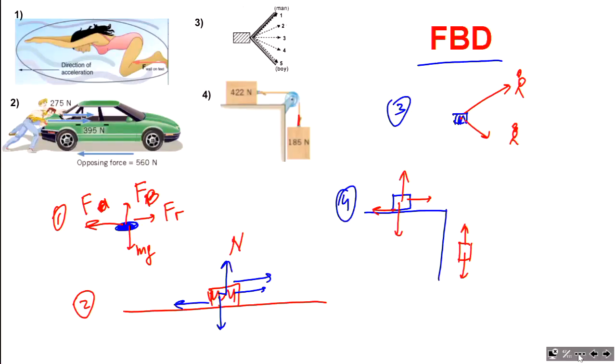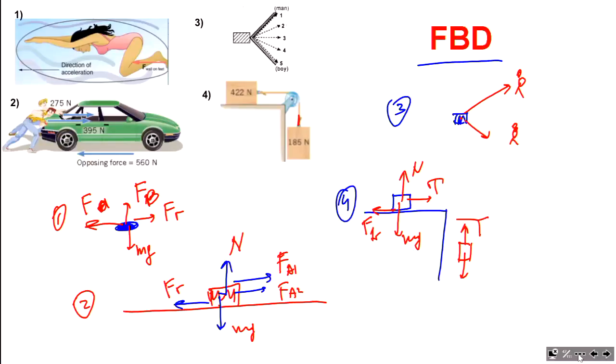This is normal force. This is the buoyant force. And this is applied force number 1, applied force number 2, force of gravity, force of resistance, of friction. Here, friction, normal, gravity, tension.